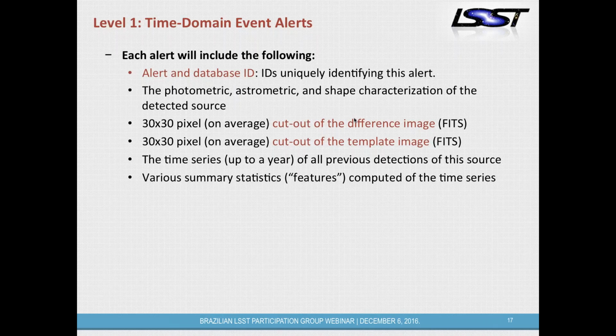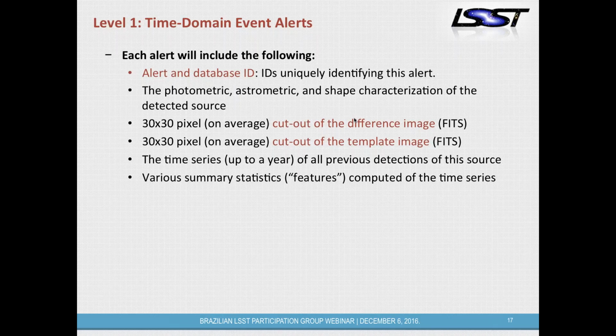So the question is, what will LSST send out in each of these alert packets within 60 seconds? Roughly the answer is everything we measure or know about that object, either now at the point where we detected it, or historically, if that object was detected before.